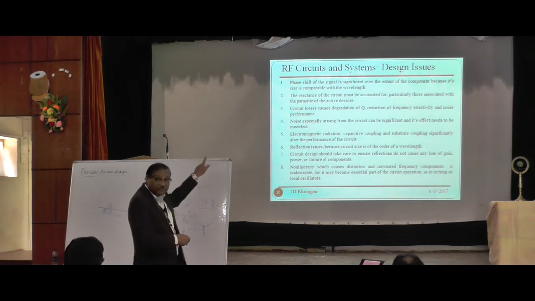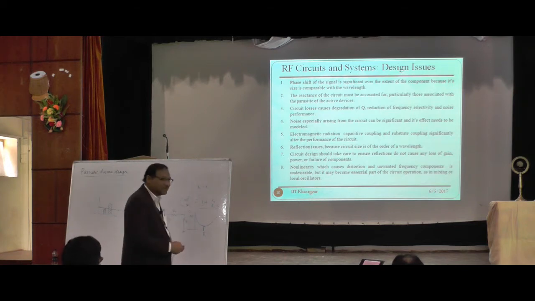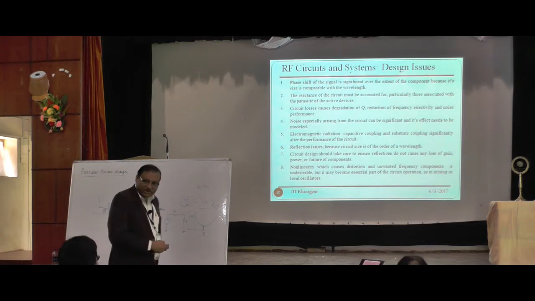If not clear, all these points should be clear during this first half of the lecture. The eighth point. The nonlinearity which causes distortions and unwanted frequencies is undesirable. That's why your bias points and your input signal are small.